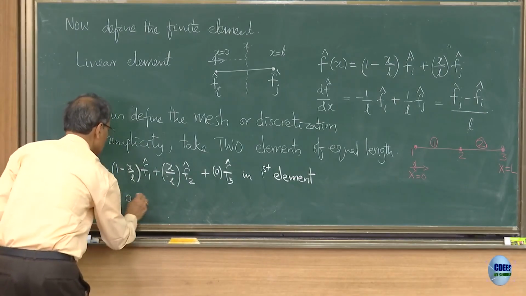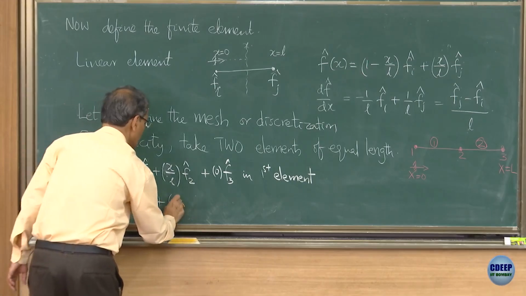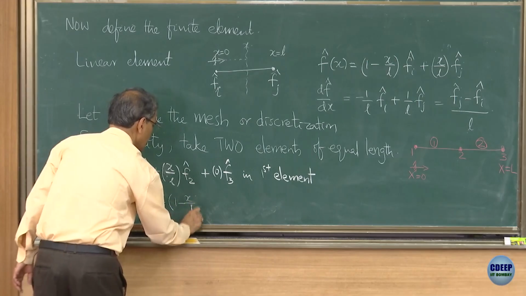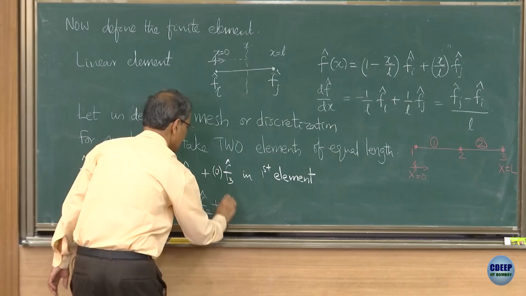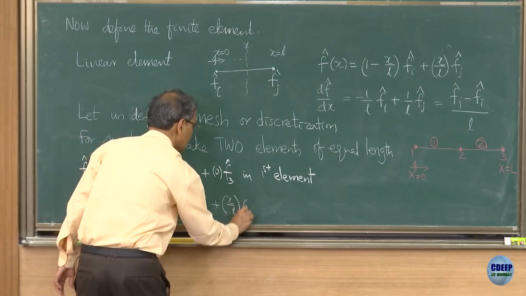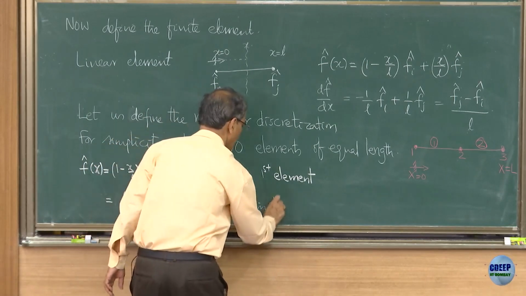So, 0 times f1 hat plus 1 minus x by L f2 hat plus x by L f3 hat.